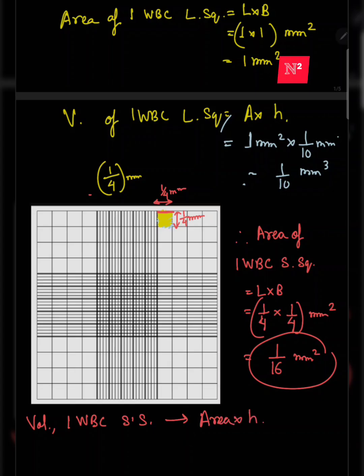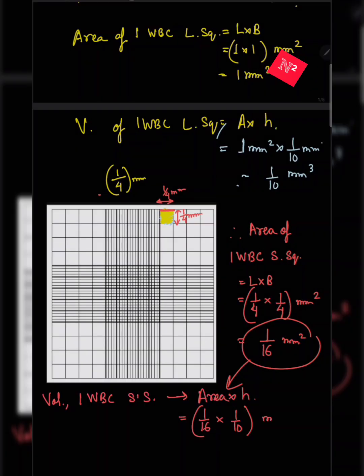Now we know when we place a cover slip, there is a space of 1 by 10 millimeter between the cover slip and the Neubauer counting grid. So that will be the height of the chamber. Area is 1 by 16 and height is 1 by 10, and the units are in millimeter cube. So we get the volume of 1 WBC small square as 1 by 160 millimeter cube.